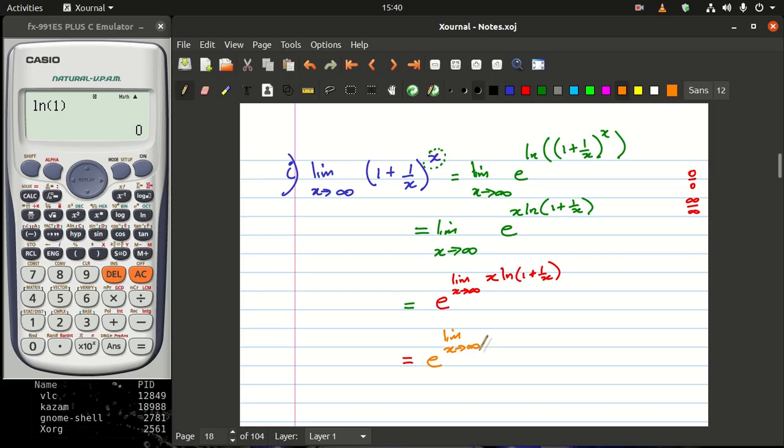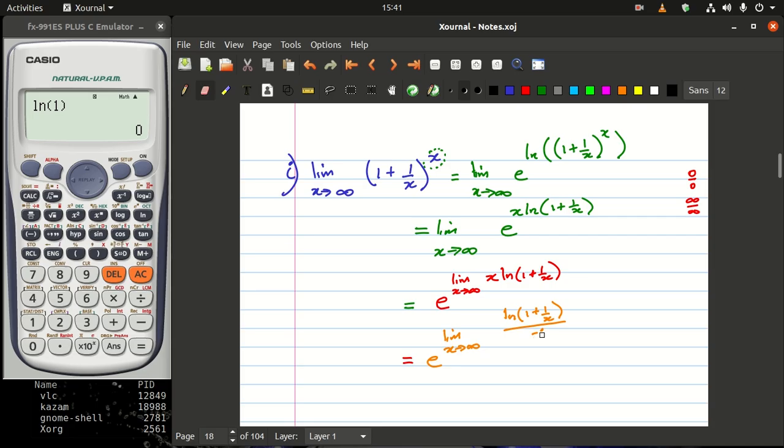What is important here is that if I were to leave this as ln of 1 plus 1 over x and then divide this by x, I would have changed the function to be something different than it was.